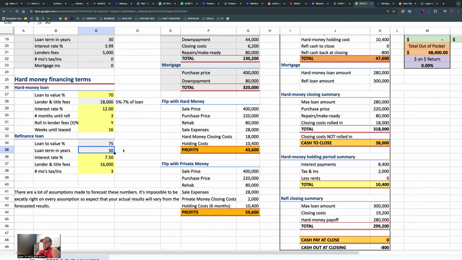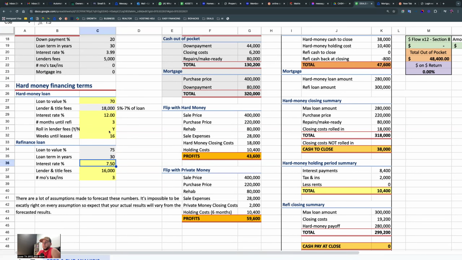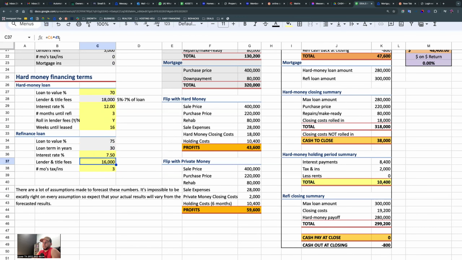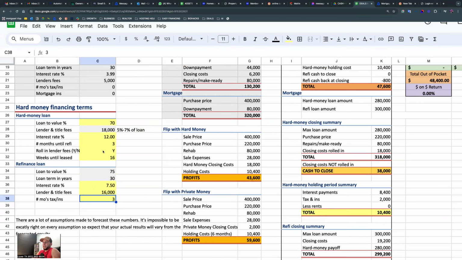Interest rate, you can change that depending on the market, depending on your credit, and lender fees. Again, it's like 4% between the broker, the lender, you name it. And you can play with those numbers too. And it also calculates the taxes and insurance, like 3 months of prepaid taxes and insurance.